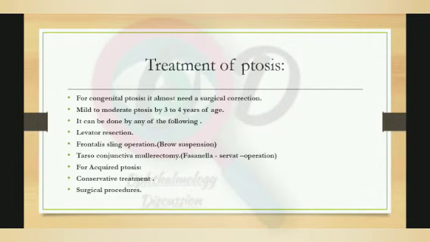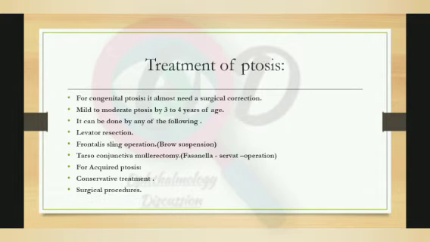Okay, now moving forward to the treatment of ptosis. Congenital ptosis almost always needs surgical correction. We will consider this when the patient has mild to moderate ptosis by 3 to 4 years of age. If the patient is less than 3 to 4 years, then we will wait until 3 to 4 years of age.